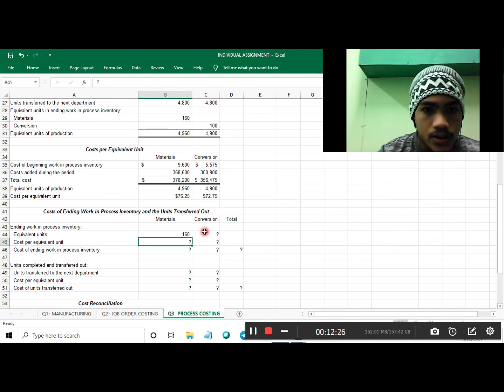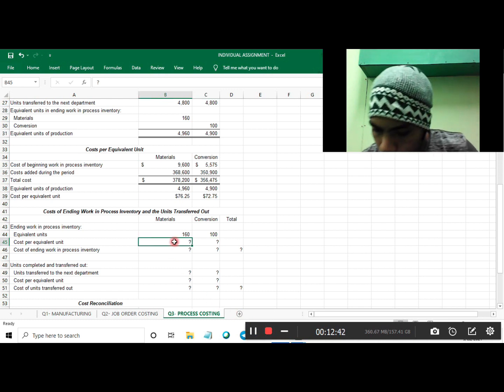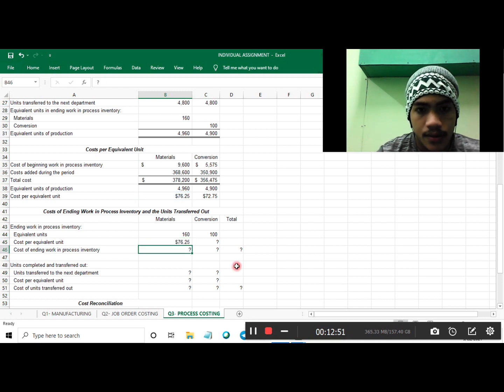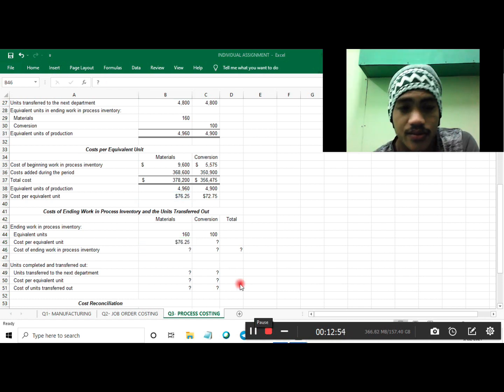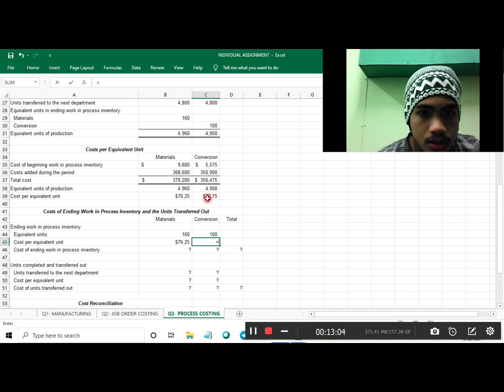And then for conversion, it's 100. And then for cost per equivalent unit, we take from before. For conversion, the cost per equivalent unit is 72 ringgit 75 cents.